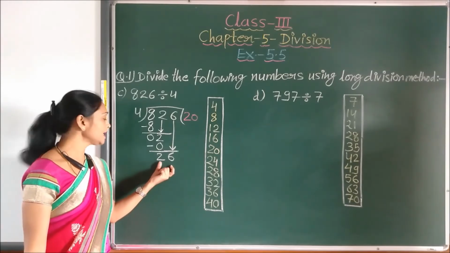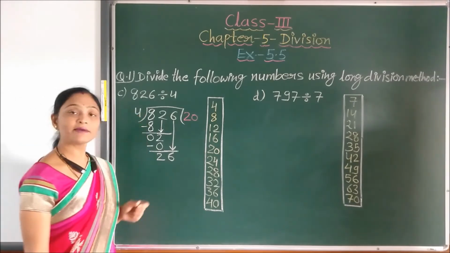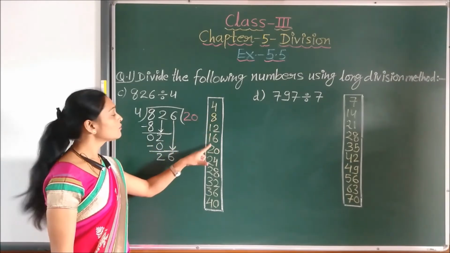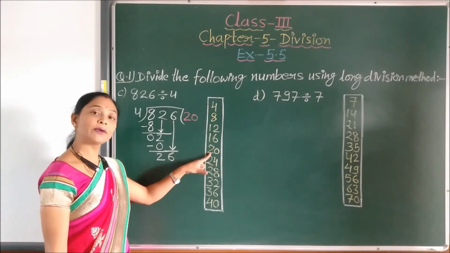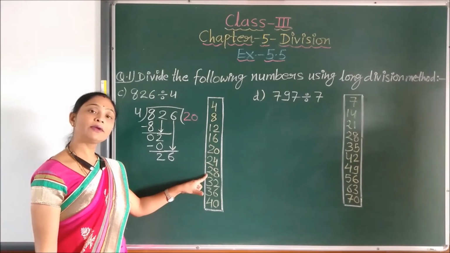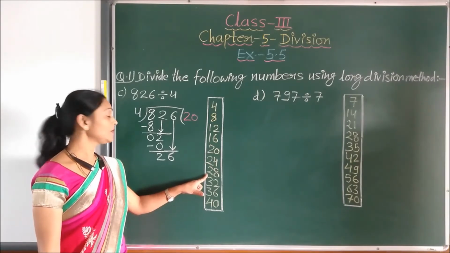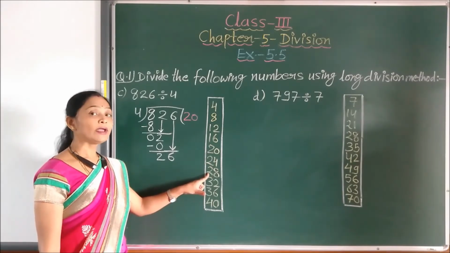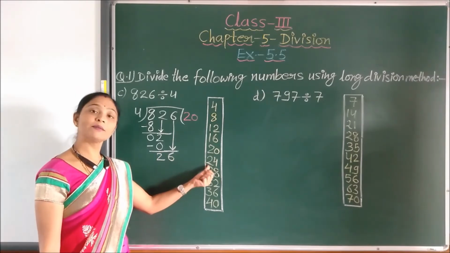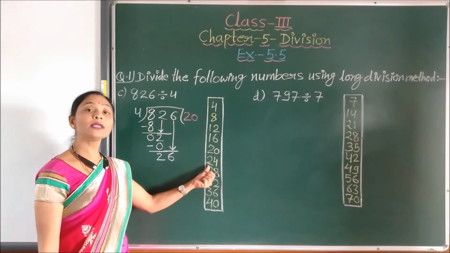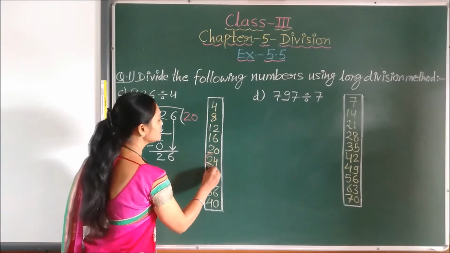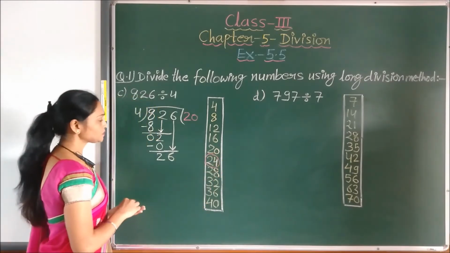We got 26. So see how many times we will read. 4 ones are 4, 4 twos are 8, 4 threes are 12, 4 fours are 16, 4 fives are 20, 24 we will see.